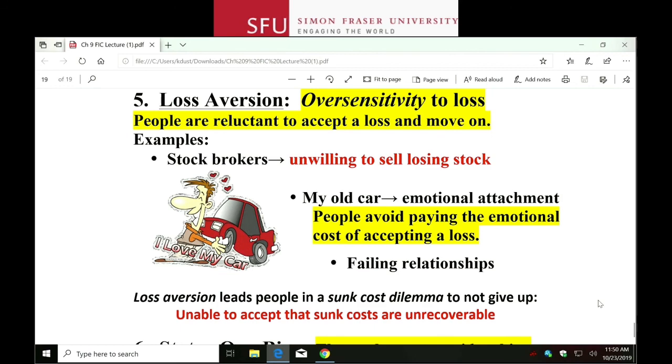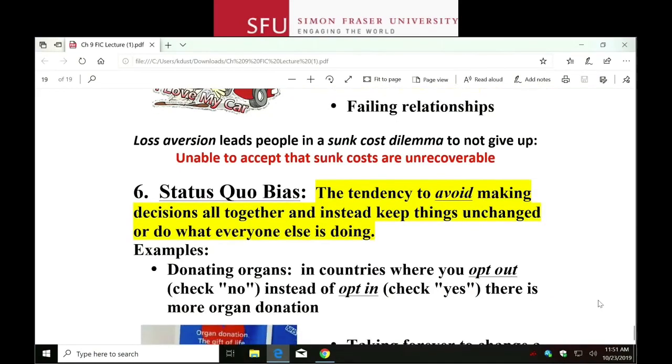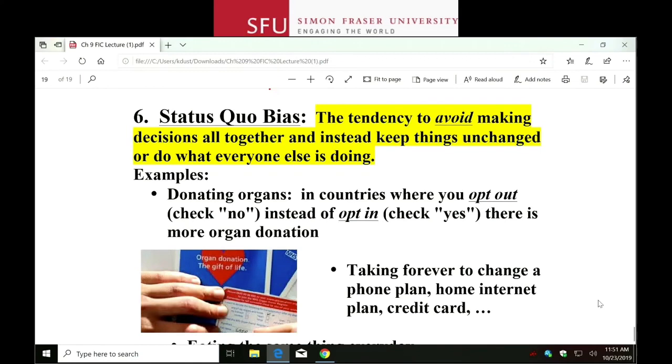So it's about our reluctance to make a decision at all. Okay, so yeah, we're kind of lazy about making decisions.